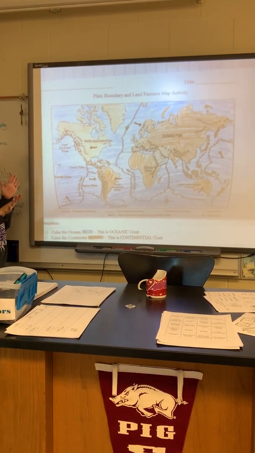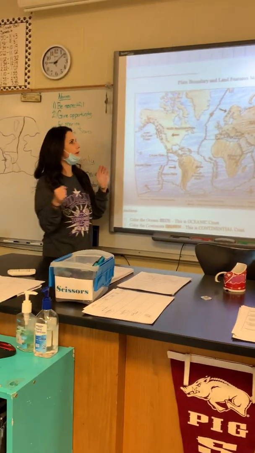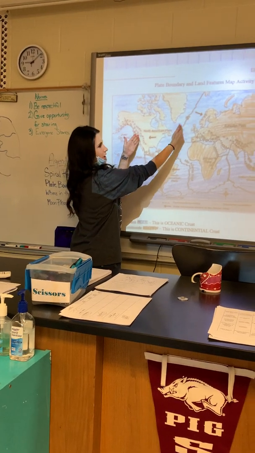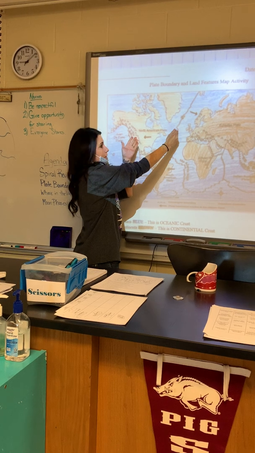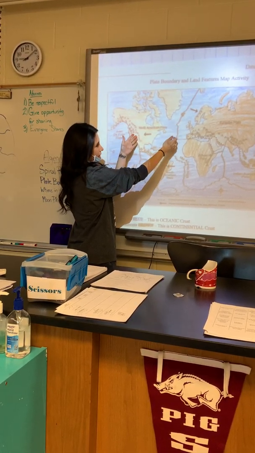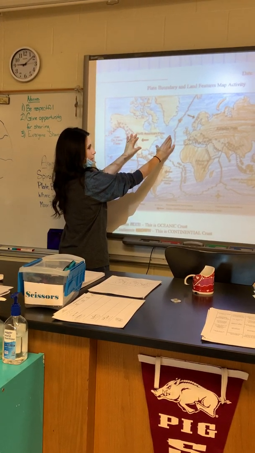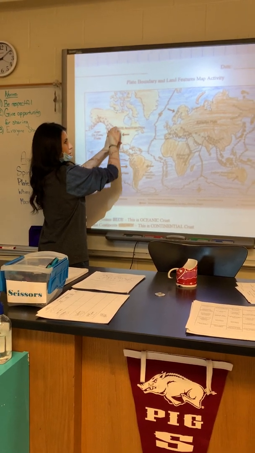Now, not all the plates are made up of one type of crust. When I look at my North American plate, look, it starts in my Atlantic Ocean, right? Look up here, please. It starts in my Atlantic Ocean, and it breaks here. But look, it's made up of two types of crust. What crust are made up on that North American plate? Oceanic, continental.